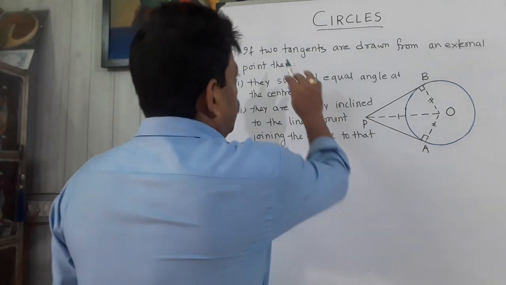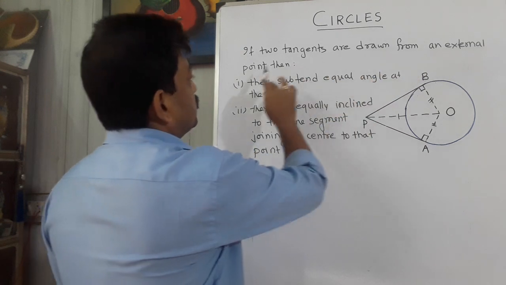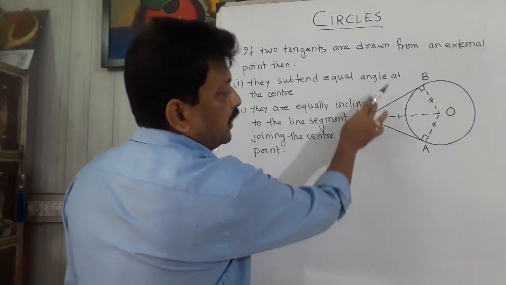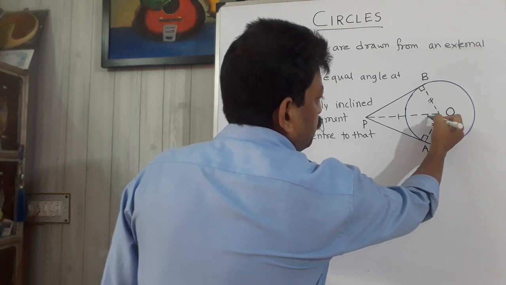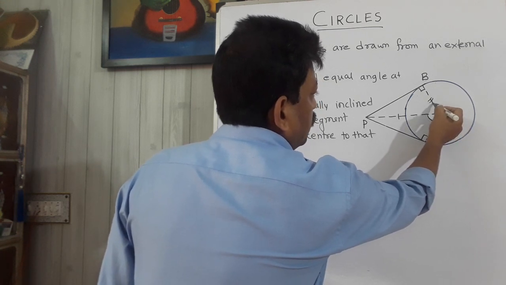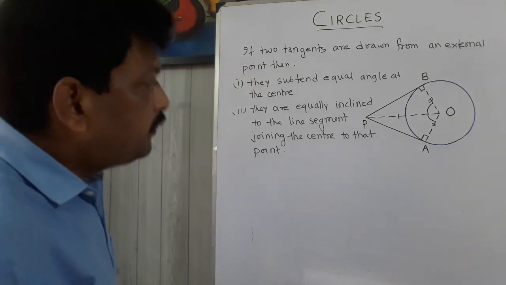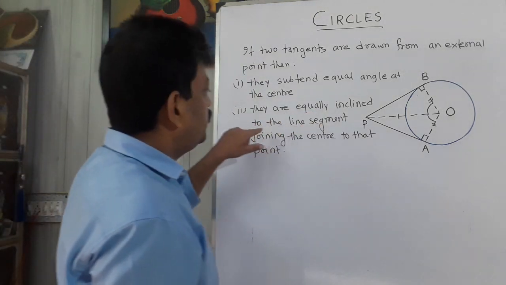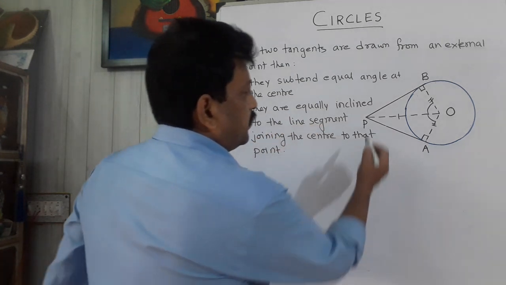Means if two tangents PA and PB are drawn from an external point, then they subtend equal angle at the center. In other words, angle AOP and angle BOP are equal. We have to prove that. And they are equally inclined to the line segment joining the center to that point.